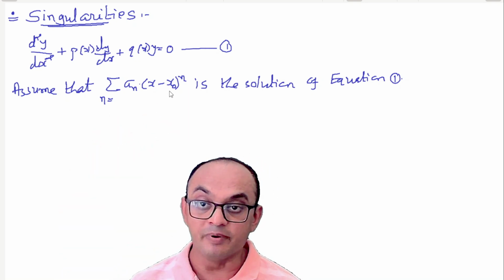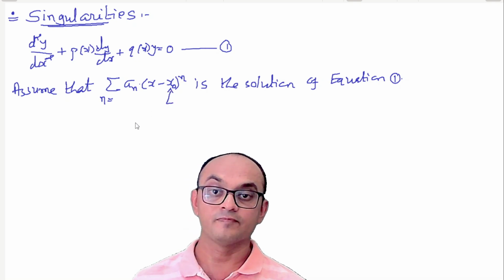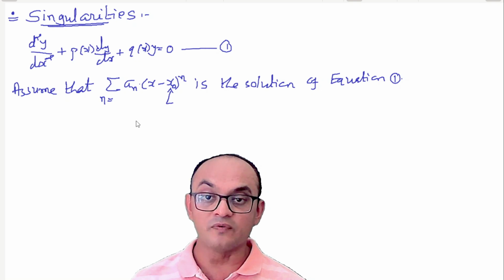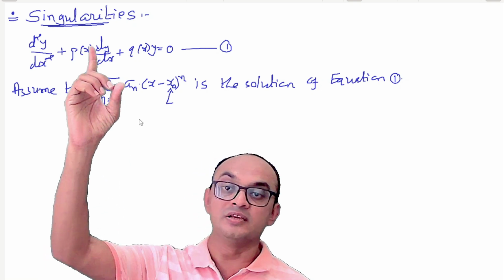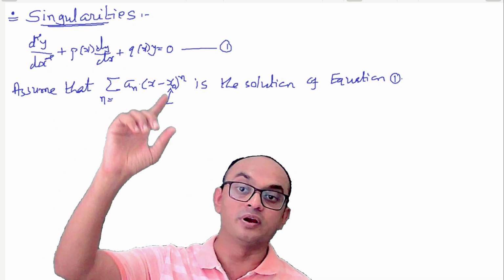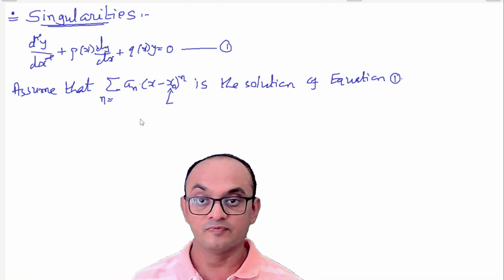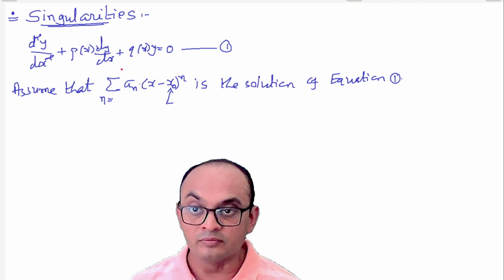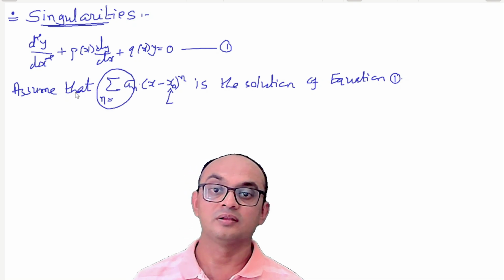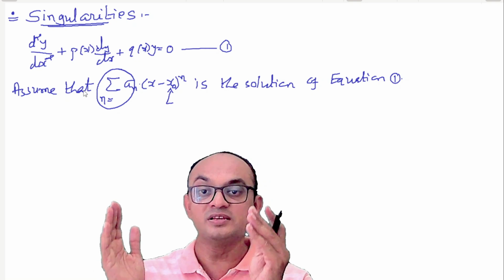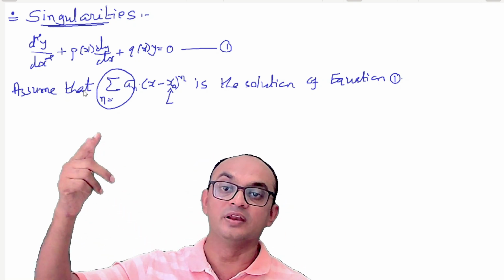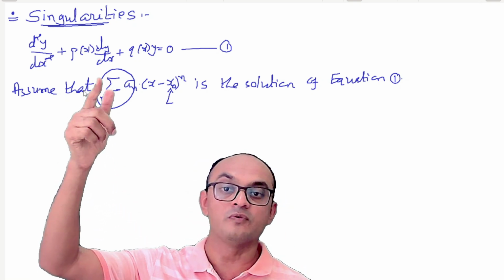It depends on the nature of x0, and this nature of x0 is the discussion of the topic called singularities. So I am keeping this as it is. After the discussion of singularity, we will fix the range of n.